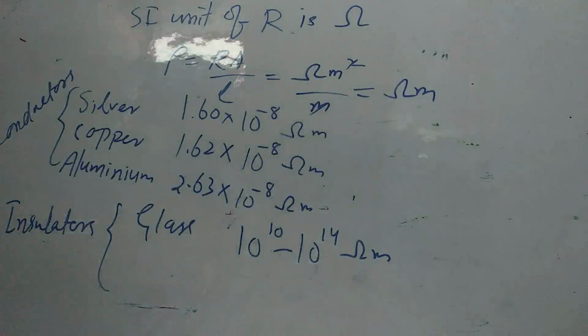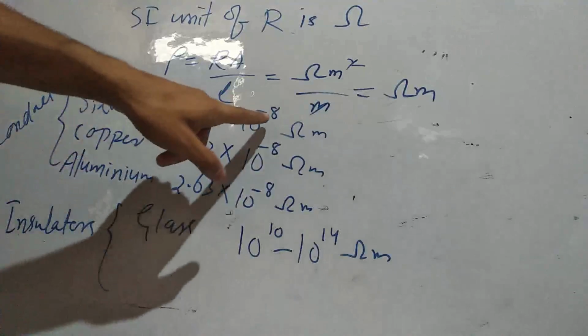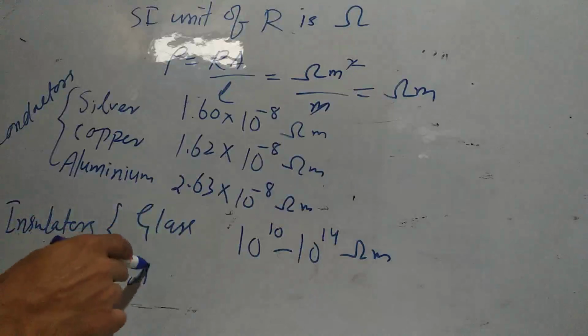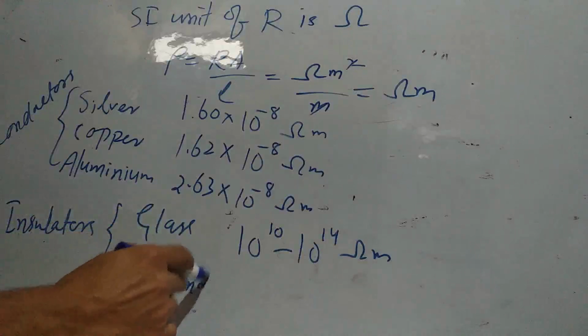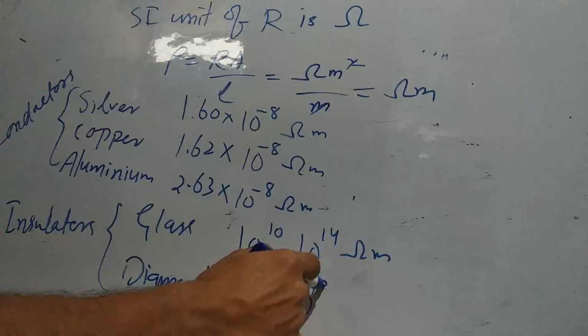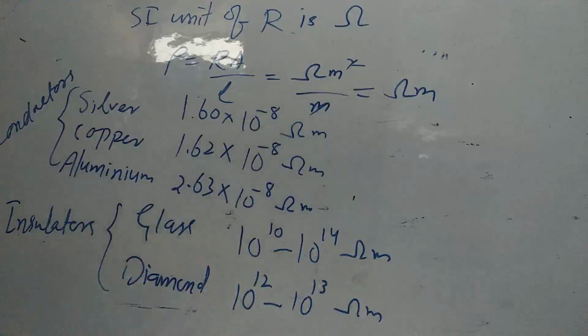So this is the resistivity of a conductor, which is very low compared to the resistivity of an insulator. And diamond has 10¹² to 10¹³ ohm meter, and so on and so forth.